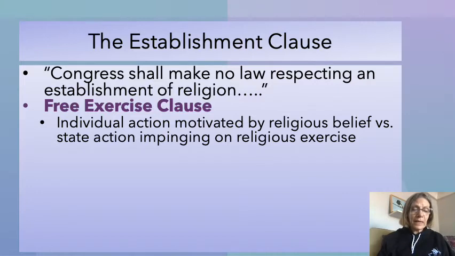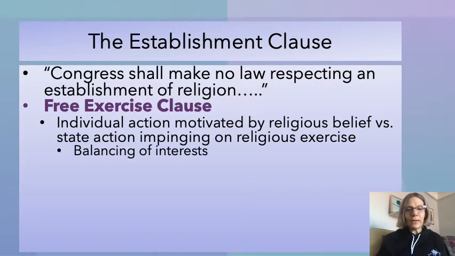On the flip side, Wisconsin had a law on the books that said all kids in Wisconsin needed to go to school till they were 16, and so that state action was impinging upon Yoder's religious practice, because if he sent his kids to school until the age of 16, that would greatly endanger his religious practice, or that was his claim, and the court agreed with it.